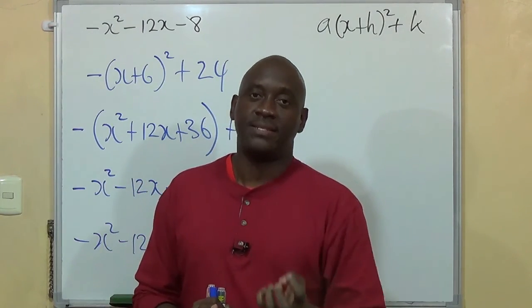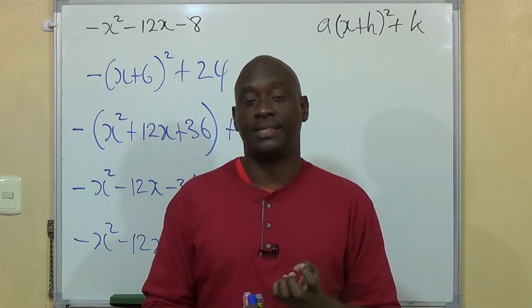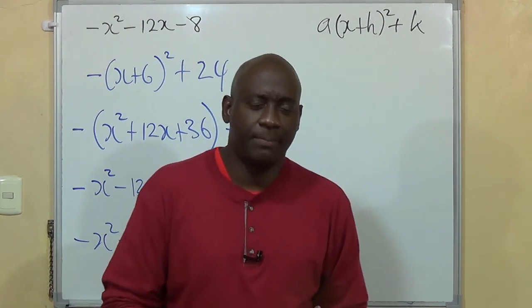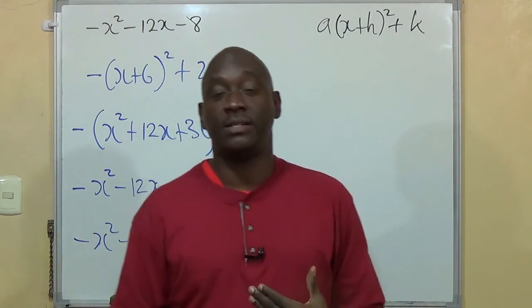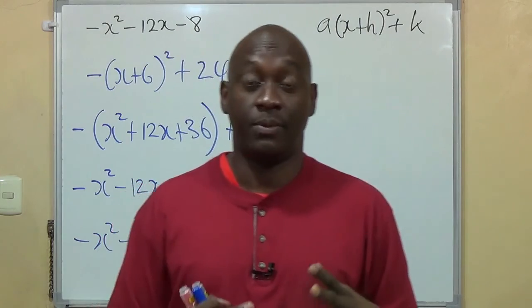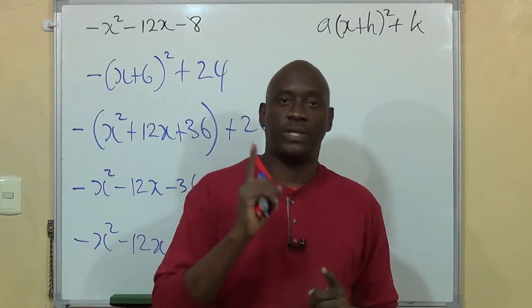Now we have the minus sign to deal with, but as is usually the case in mathematics, if you just take your time and go through everything step by step in a systematic fashion, you will end up with the correct answer.